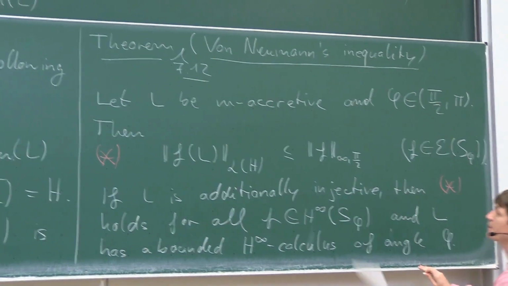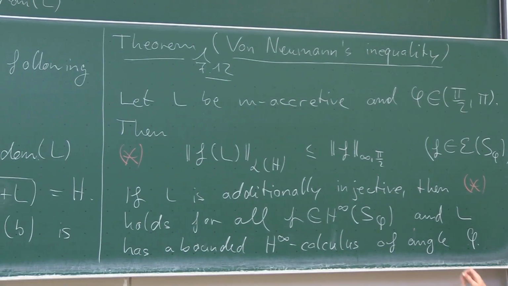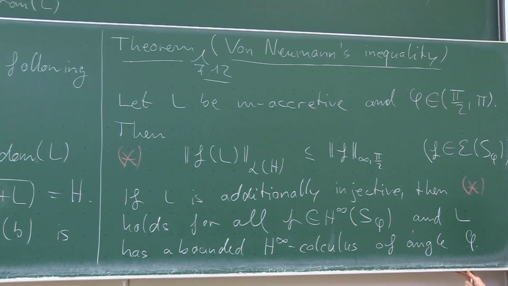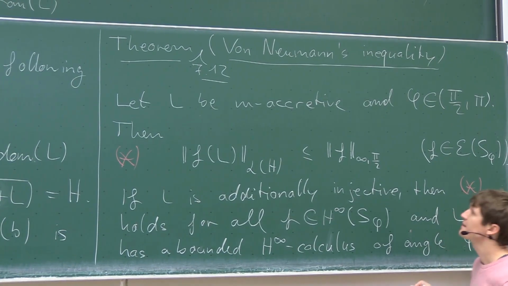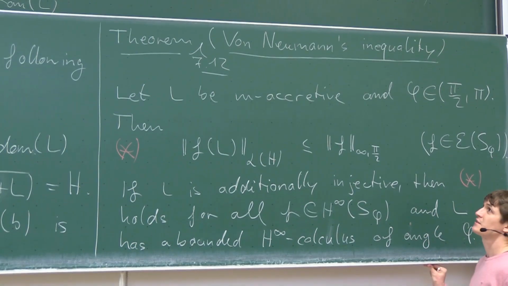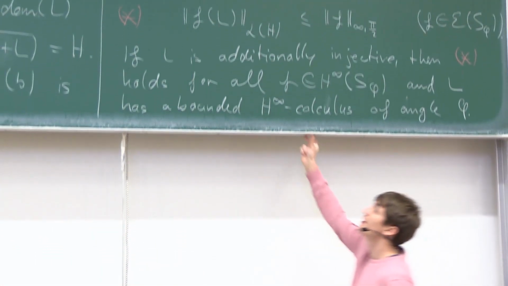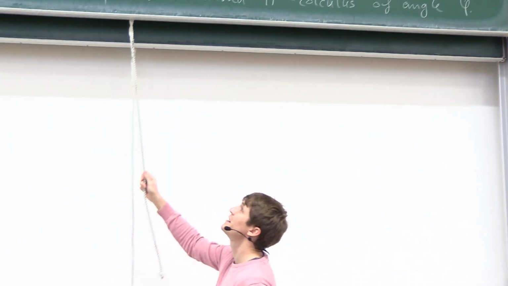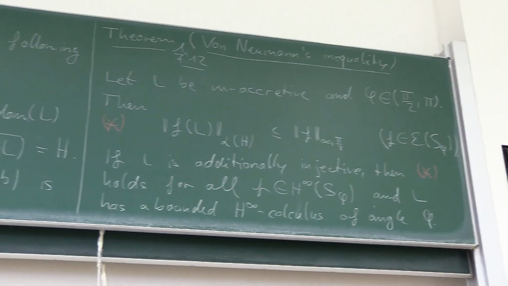Okay, and always this constant is just 1 in this estimate. All right, and this will be the theorem. This will be our main theorem from this lecture today. And essentially, we will deal with the proof of this theorem for the rest of today.